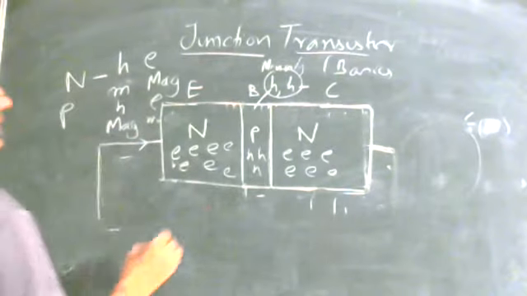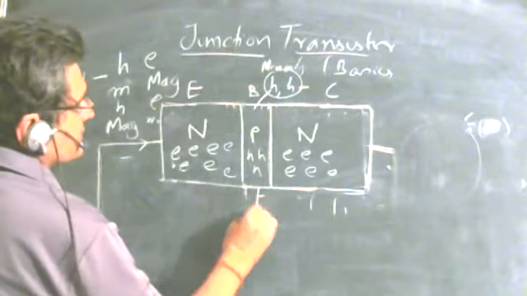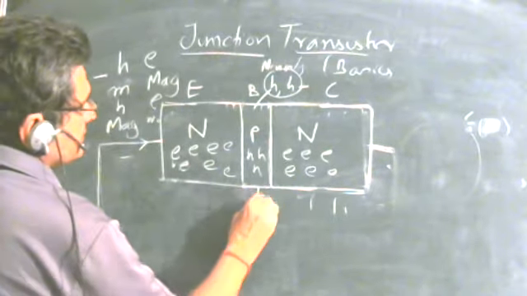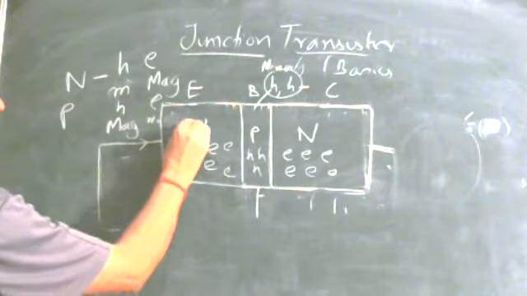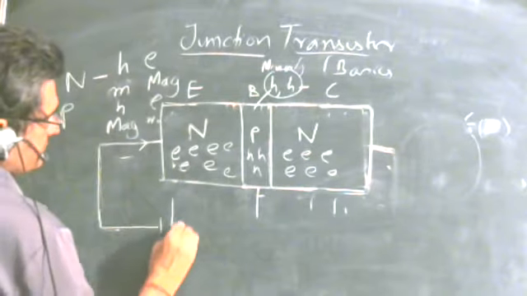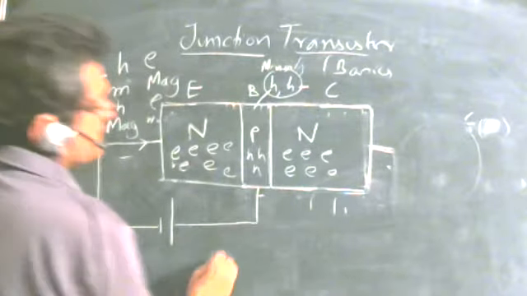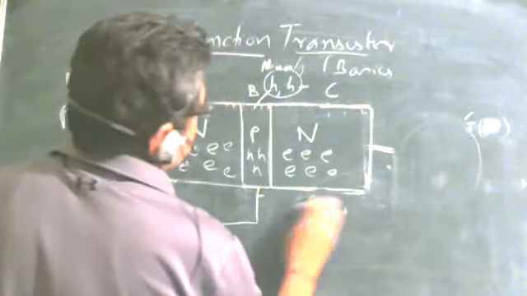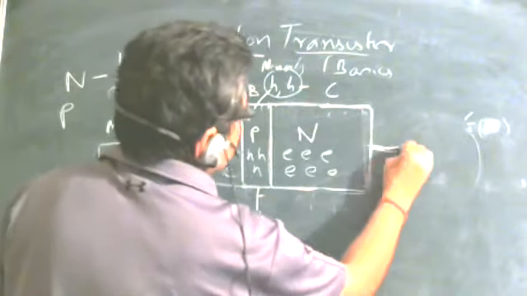We apply forward bias between emitter and base. Forward bias means this time N has to be connected to negative. This is forward bias, and we apply reverse bias to the base collector junction.